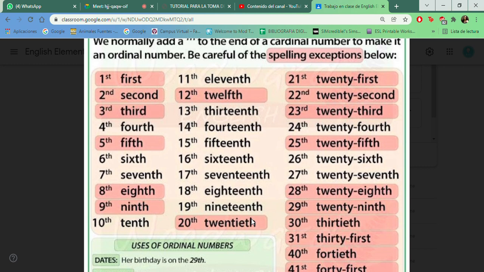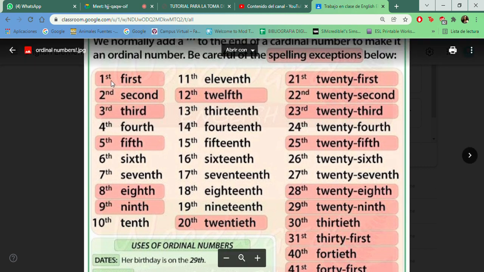It's a very slight difference, but that is the difference. The TH, right? 26th, 27th, 28th, 29th. Great. So remember, that is the difference. Remember to write the last two letters here. It's very important.